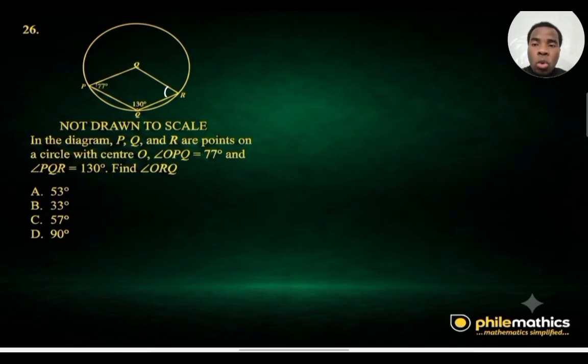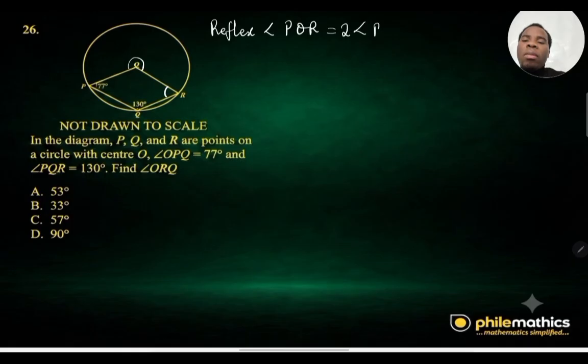Starting with the angles we know, angle PQR and reflex angle POR have something in common. I know that reflex angle POR, by reflex I mean this angle here, is twice angle PQR.